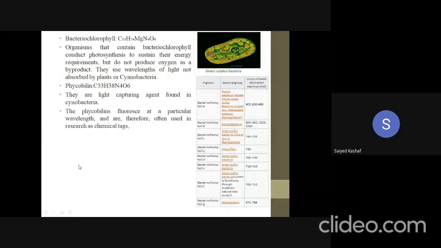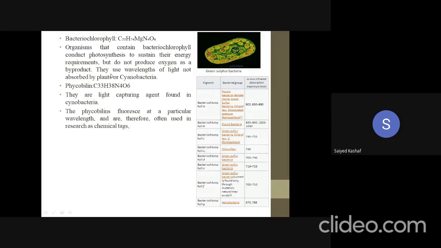Another principal chlorophyll pigment is bacterial chlorophyll, whose chemical formula is C55H74MgN4O6, and this can be found in purple and green sulfur bacteria. The organisms that contain bacterial chlorophyll conduct photosynthesis to sustain their energy requirements, but they do not produce oxygen as a byproduct.